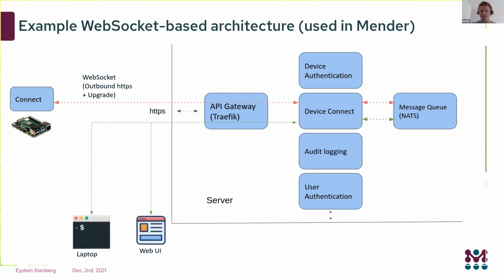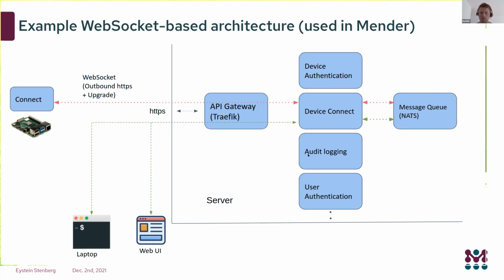This is an example architecture of WebSocket. If you're new to it, maybe it's interesting. This is the one we use in Mender. The way it works is we have a service on the device that connects to a cloud service, and it upgrades the connection to WebSocket. Then users with a laptop or through a web UI can also connect to the same service. And then there is a simple message queue that bridges the two, between the device and the user.